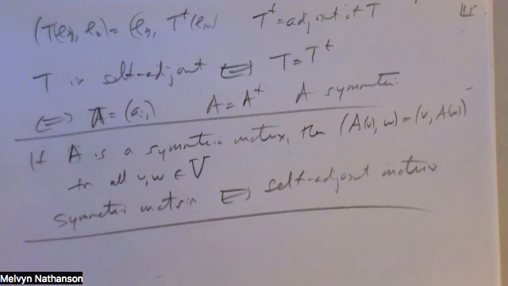Since the inner product is symmetric, you can also say the inner product of AV with W is the same as the inner product of AW with V. And self-adjoint matrices or symmetric matrices, by the big theorem, always have an orthonormal basis of eigenvectors. You have a full complement of eigenvectors.